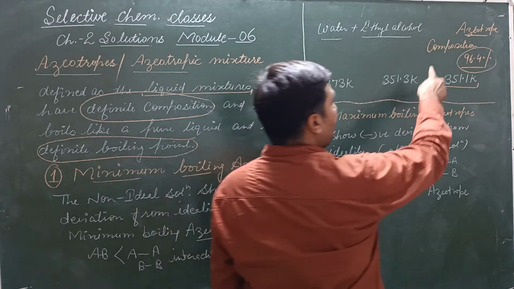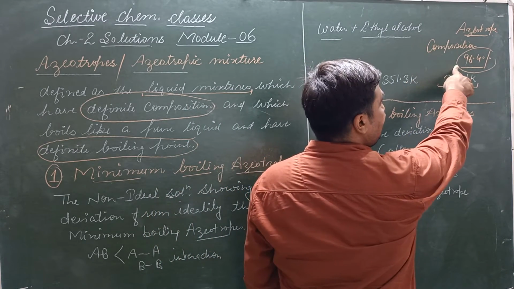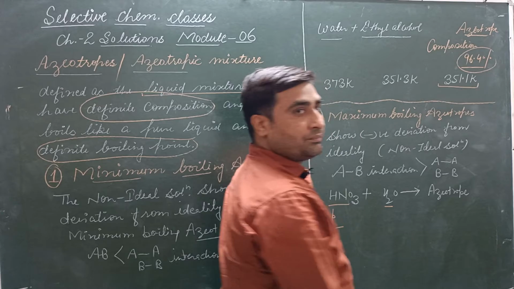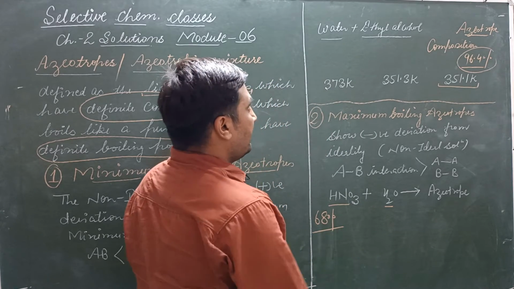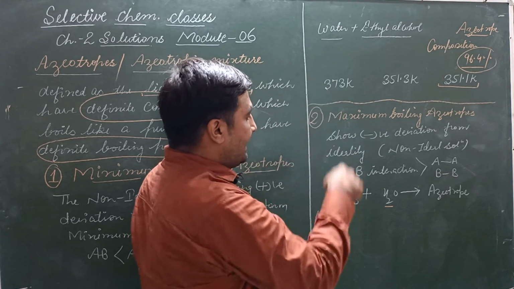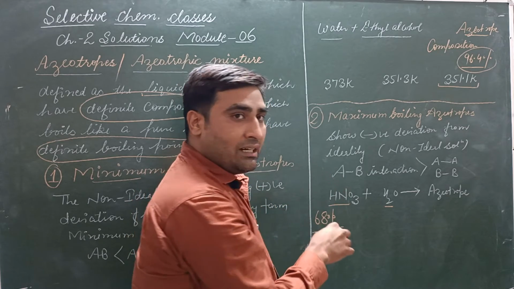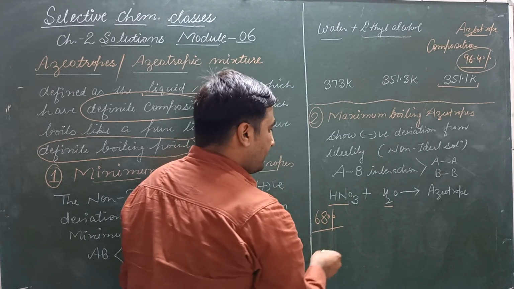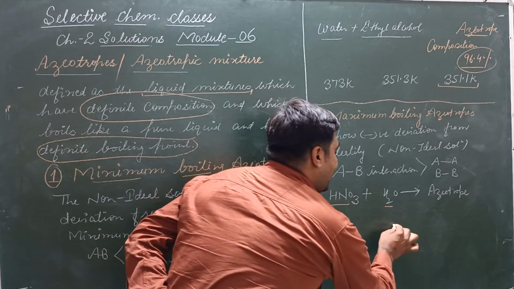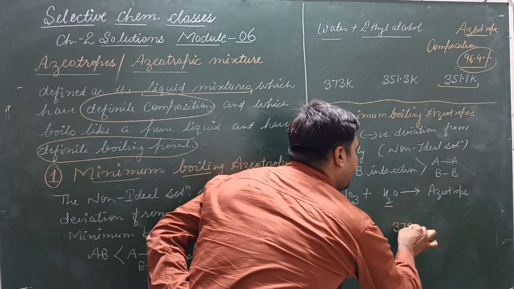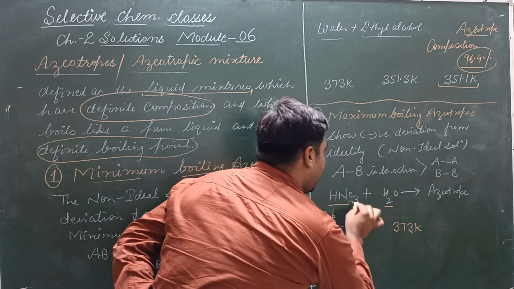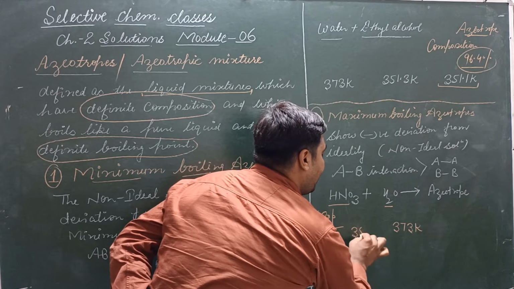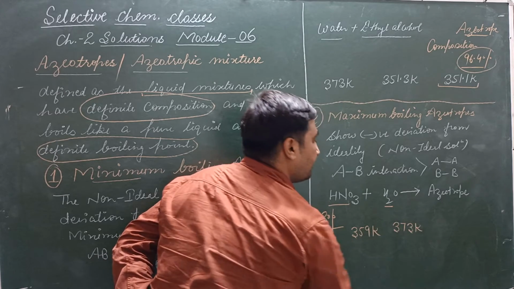As far as the boiling point is concerned, the boiling point of water is 373 Kelvin, and HNO3 has 359 Kelvin.